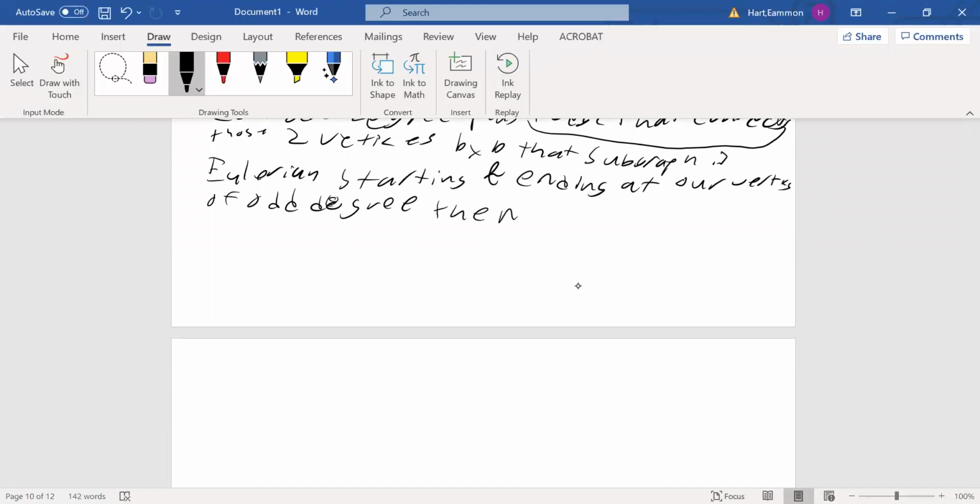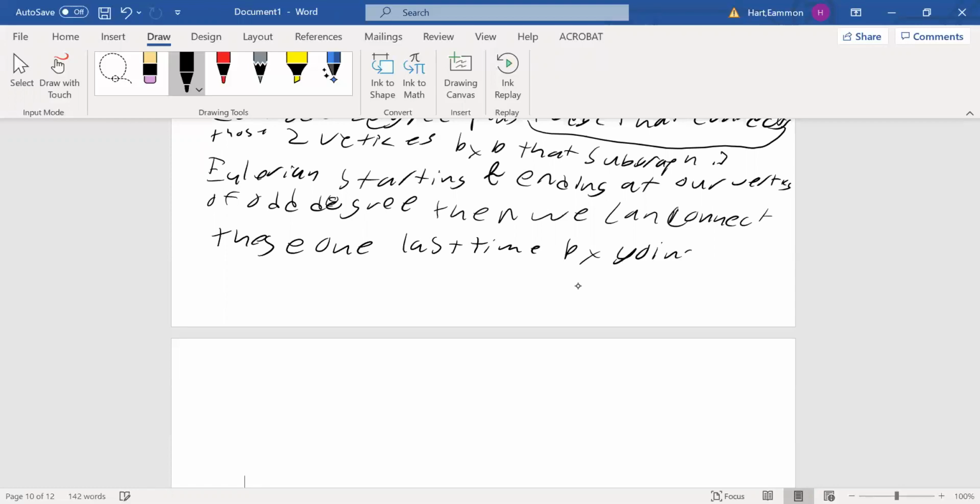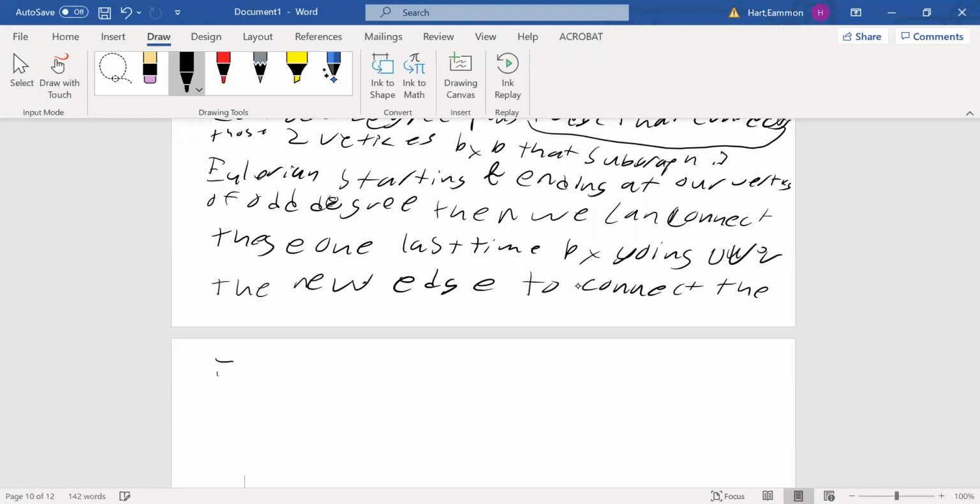Then we can connect these one last time by going over the new edge to connect the first and last vertex.